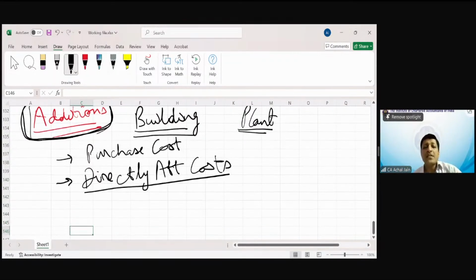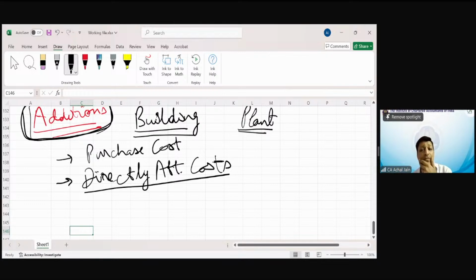Can you think of some examples which could be there in directly attributable costs in relation to a building? Yes, anyone? Some examples which could be there in relation to directly attributable costs. Tell me quickly.